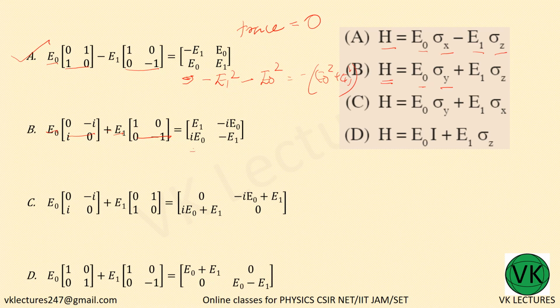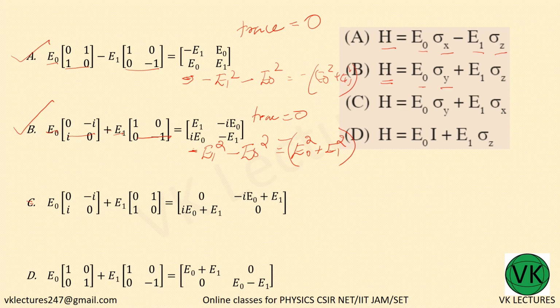The determinant is equal to minus E1 squared minus of I into I, and I into I is minus 1, minus 1 into minus 1 is equal to plus, so minus again E naught squared, which is equal to E naught squared plus E1 squared with a minus sign. And similarly here the trace, E1 minus E1, is again equal to 0. So your option B is also correct.